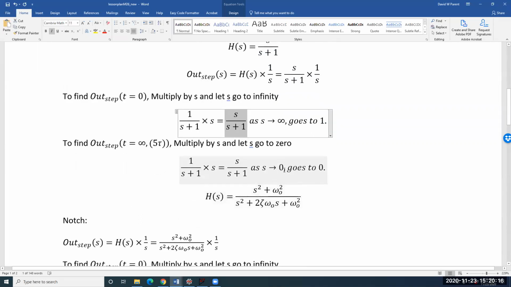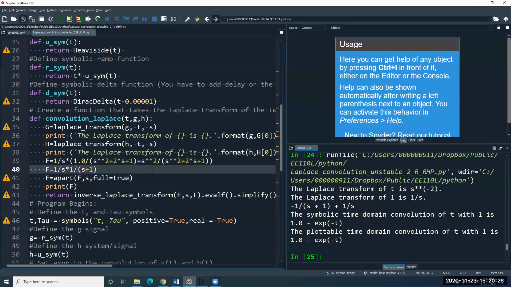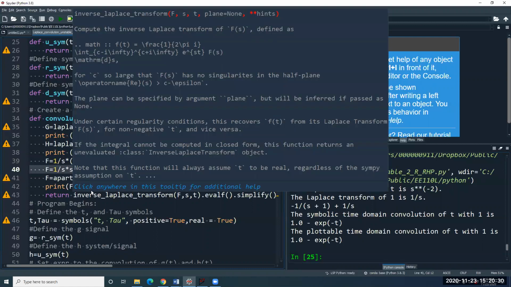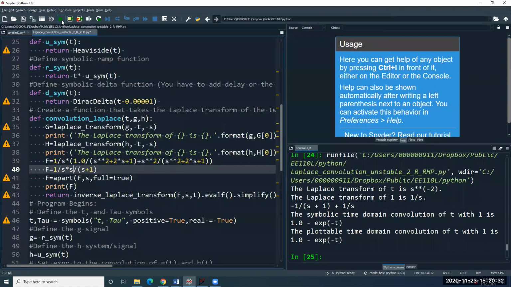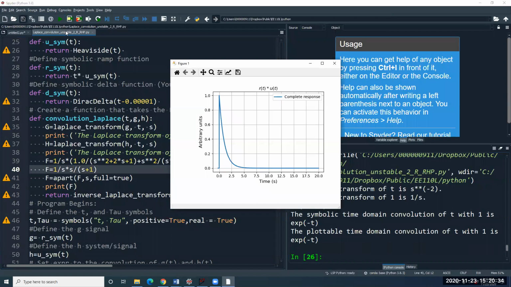Let S go to 0 for time equals infinity. The expression goes to 0, right? So it's the opposite. Start at 1, exponentially decay down to 0.